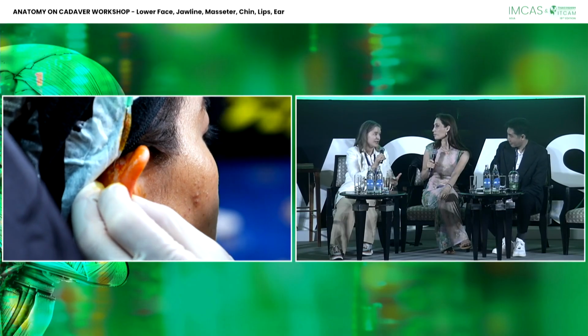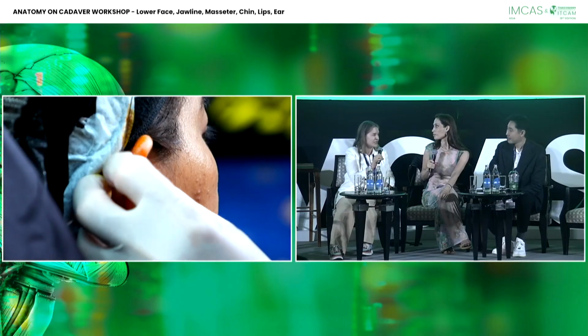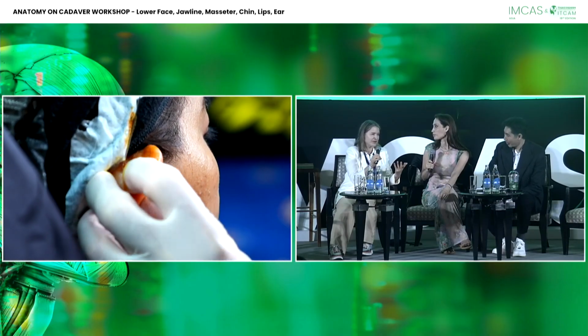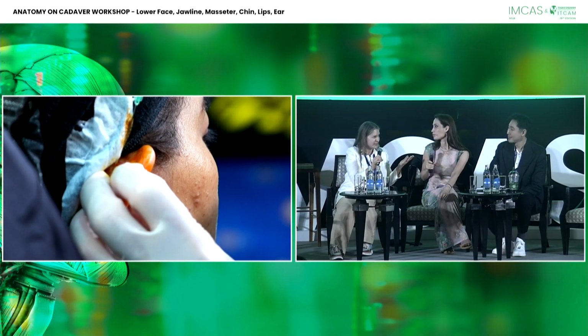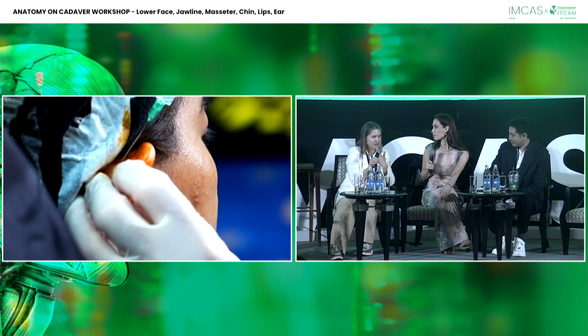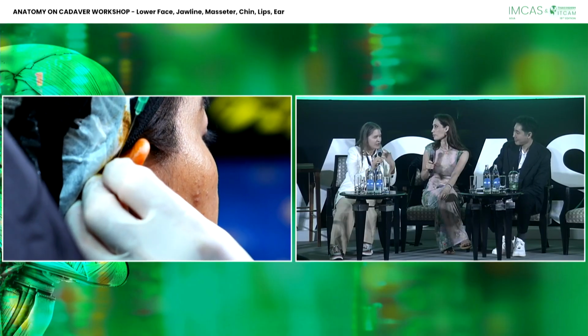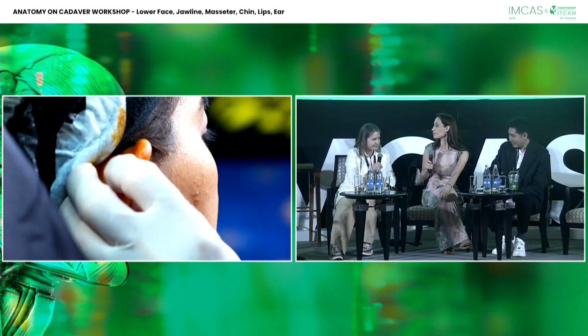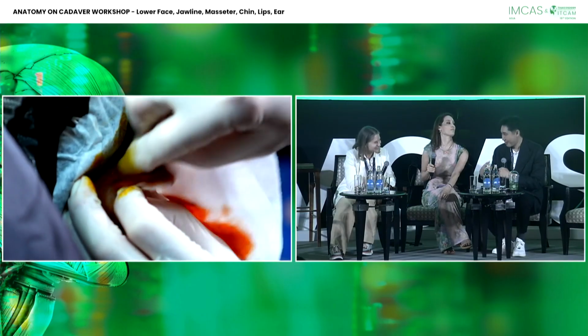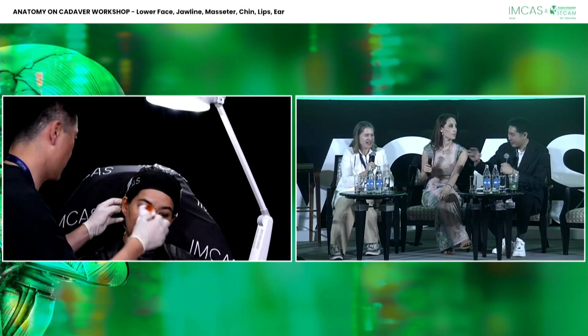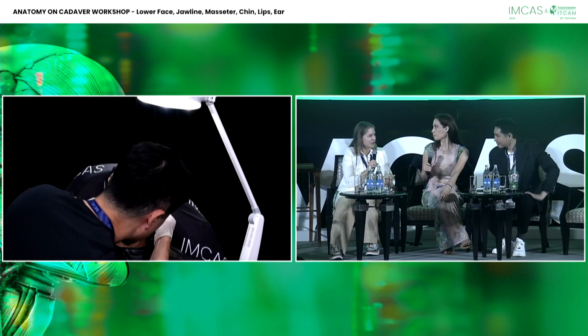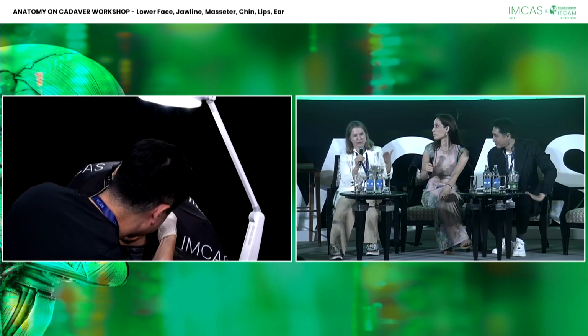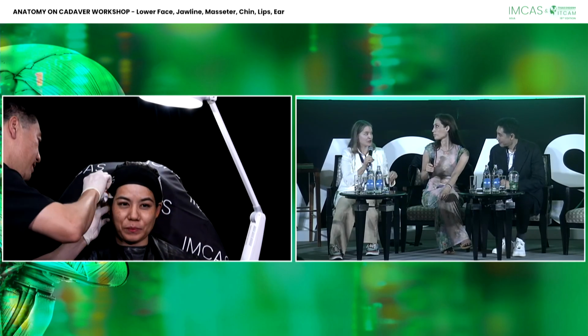And filler spreads in completely different directions, which is no problem, but it prevents you from an overfilled face. If you inject here in the deep fat, what we just saw, you actually fill the superficial fatty layer. Yes, I see a lot of migration. Yeah, totally agree. That is one layer. And we're not doing anything wrong, and we can do exactly what we used to do, but you have to know where it goes to.